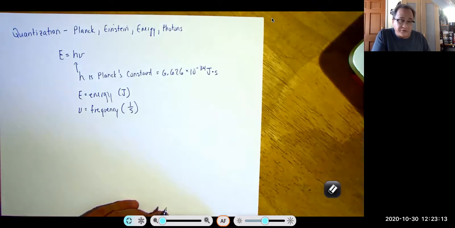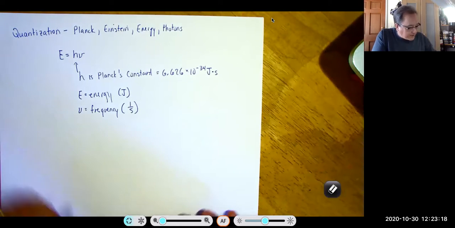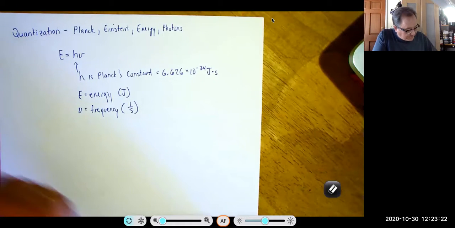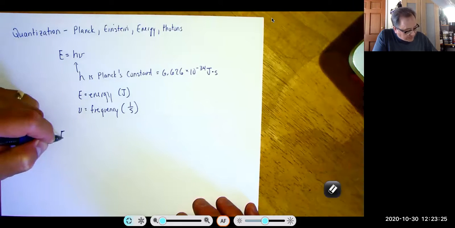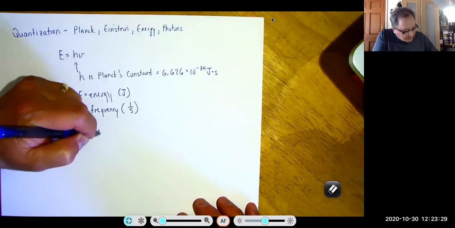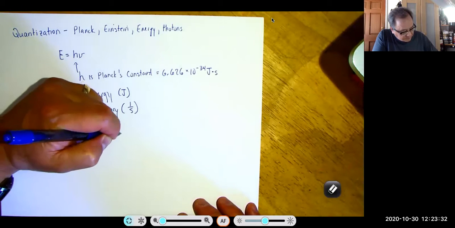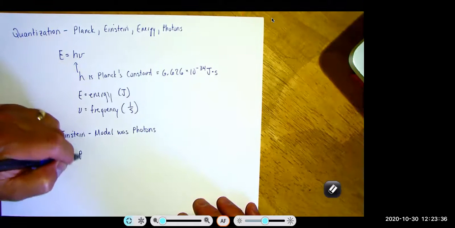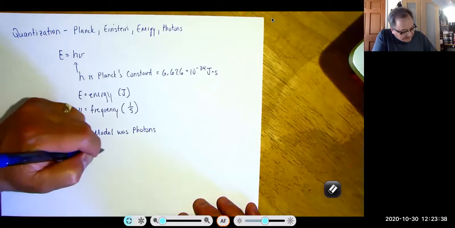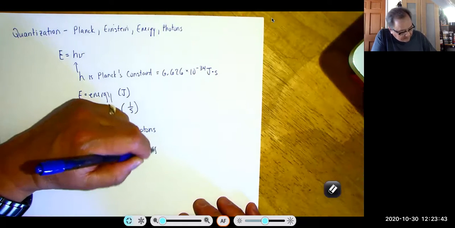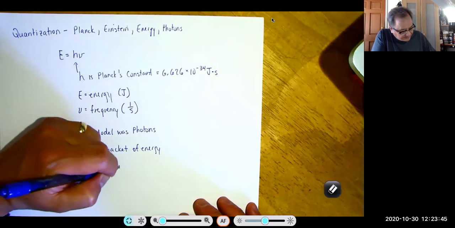And this is still treating light as a wave. But then Einstein came along and he said, let's have a different model of light. So Einstein came up with another model of light. His model was the photon model. So instead of having a wave, a photon is a packet of energy, and it has no mass.